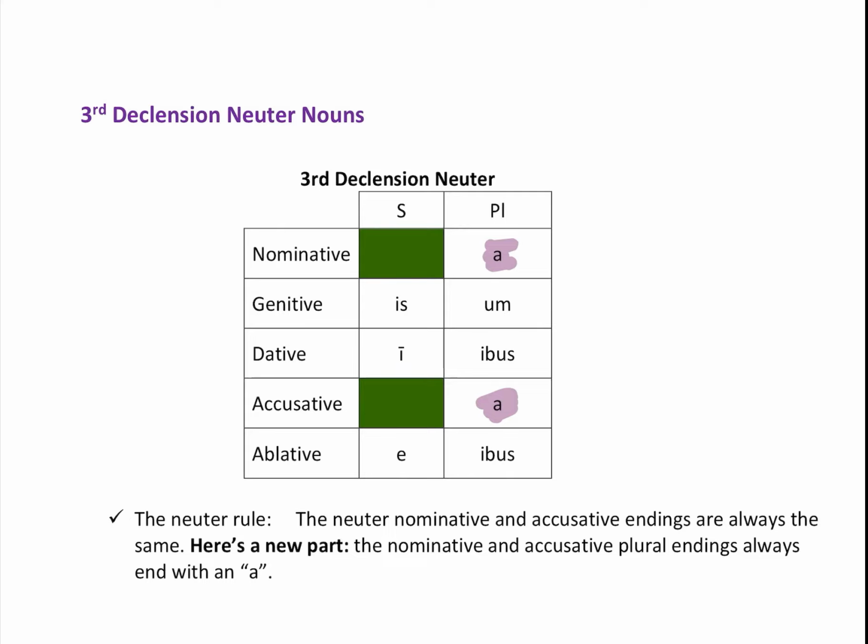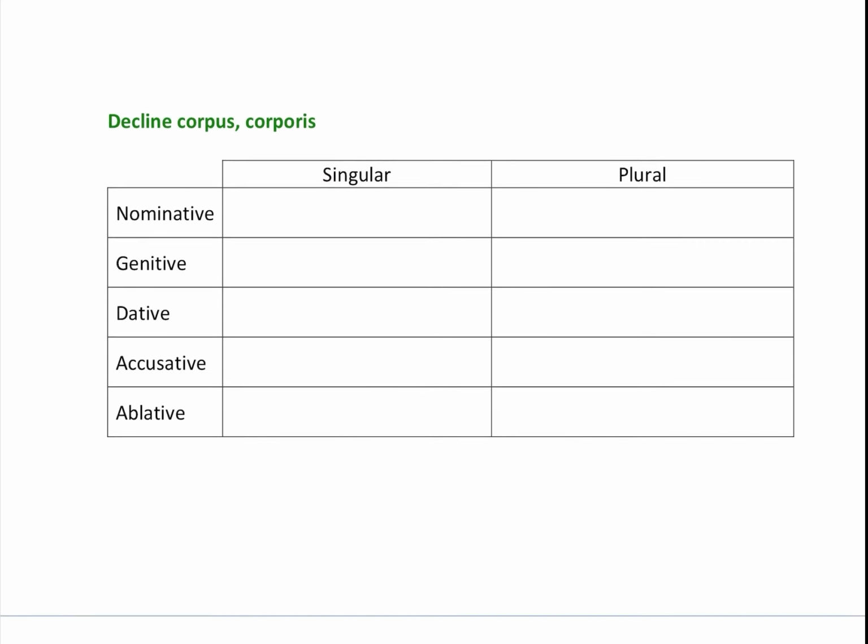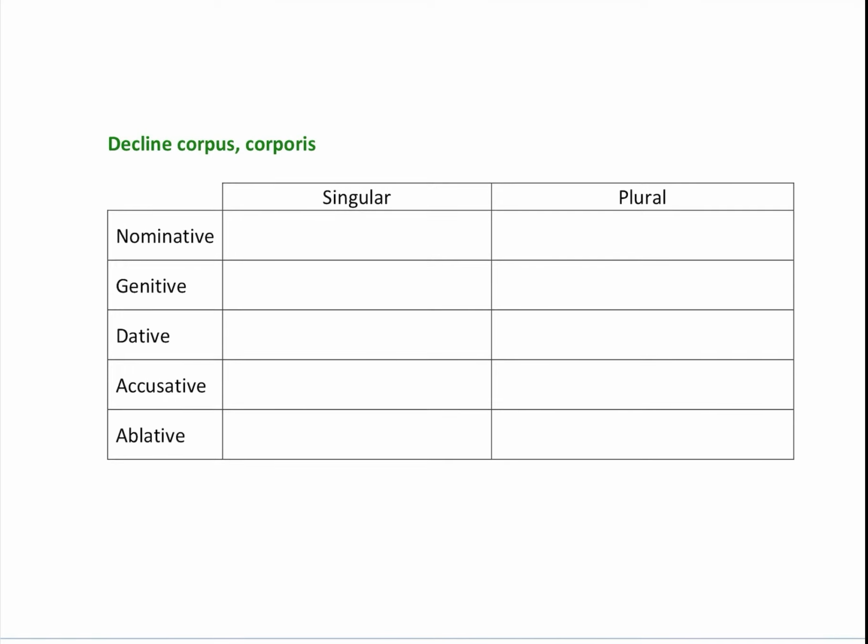All right, all we're going to do is decline corporis, which means body. Don't be fooled by the fact that the nominative singular ends in US. It doesn't mean it's second declension. I always get declined nouns back that look like they're in the wrong declension.